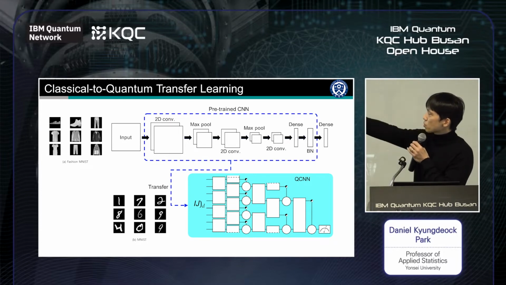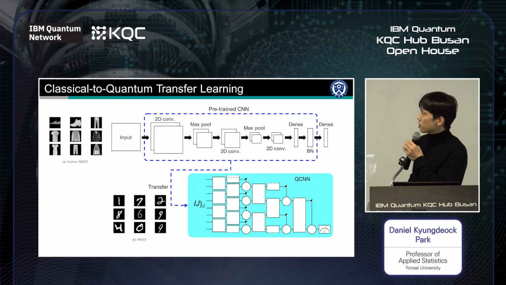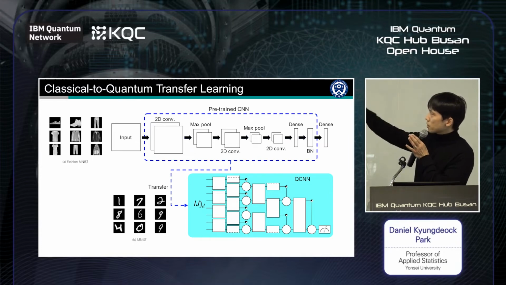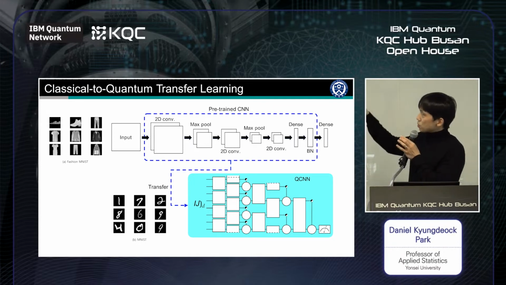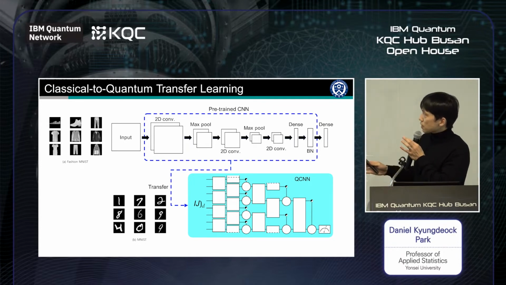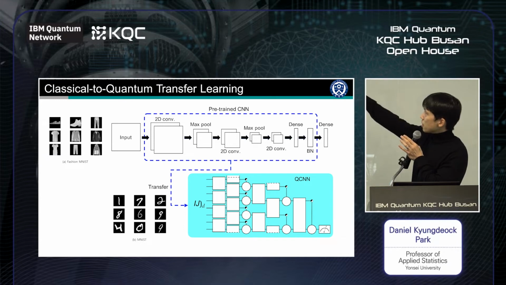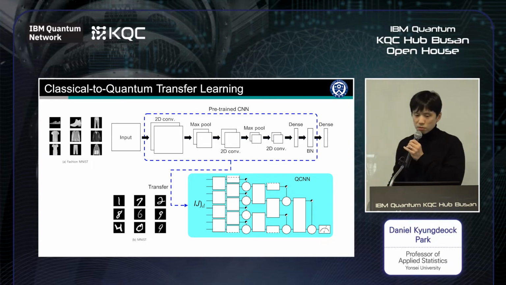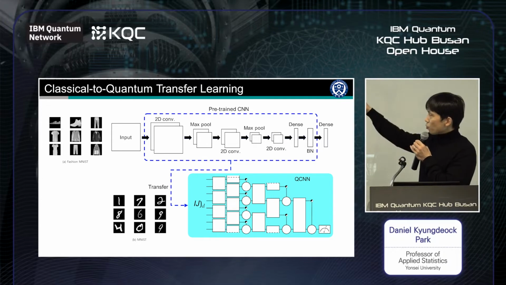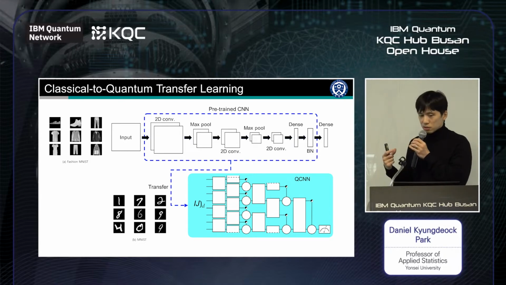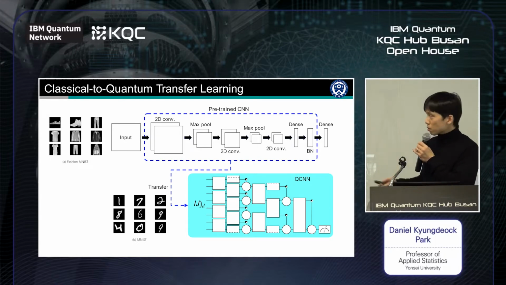Here, the classical CNN is trained to discriminate this Fashion MNIST image data set, and now we use that as a reference, and we truncate some of the layers at the end, and then we attach the quantum CNN to this classical CNN to fine-tune the model specific to the new data set.